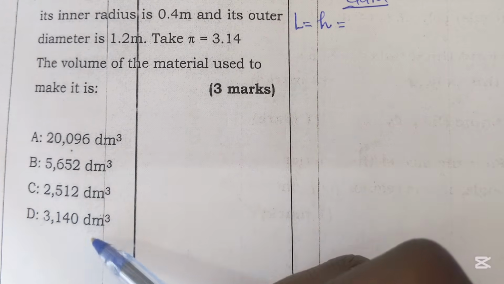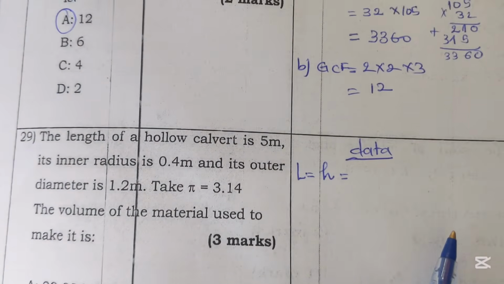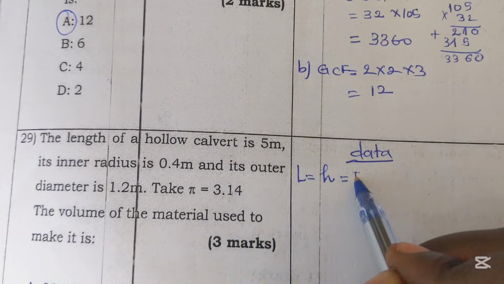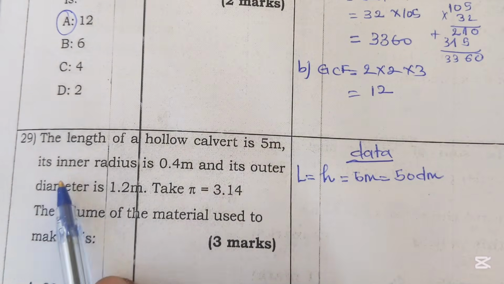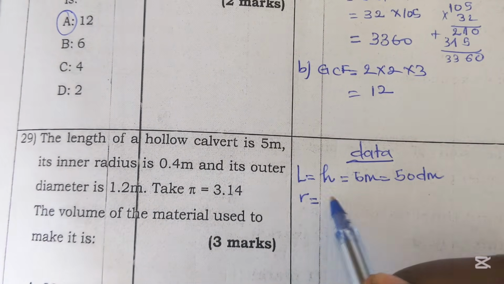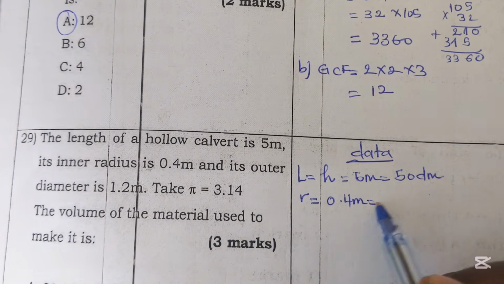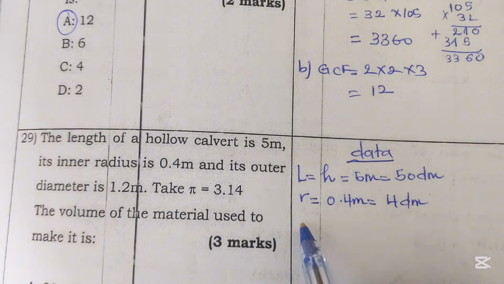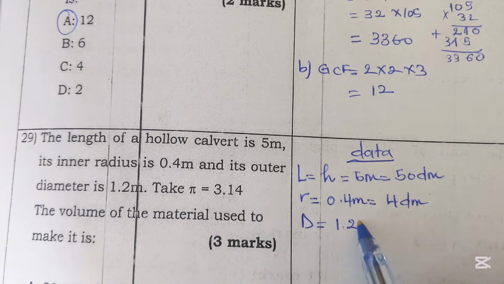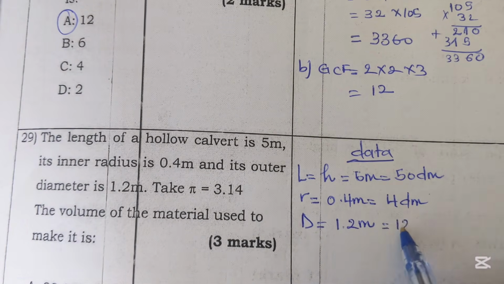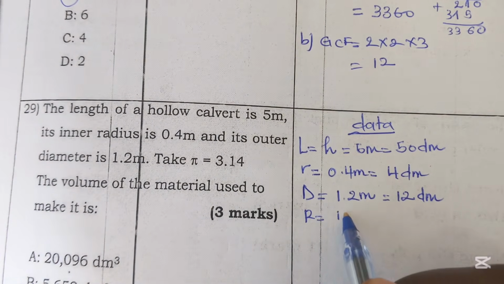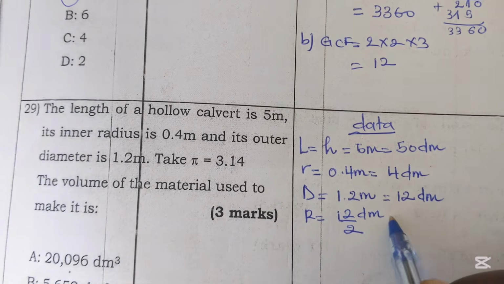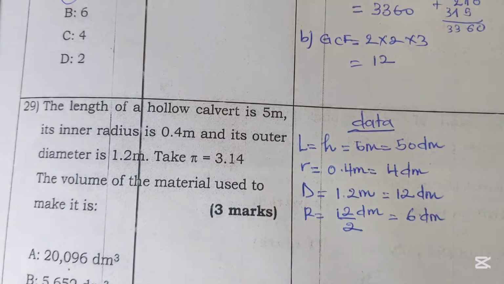is 20,096 decimeter cubed. All of them are in decimeters cubed. So we have a height of 5 meters, which equals 50 decimeters, and the inner radius, the smaller one, is 0.4 meter, which equals 4 decimeters. The outer diameter is 1.2 meters, which equals 12 decimeters, so the outer radius will be 12 decimeters over 2, which is 6 decimeters.